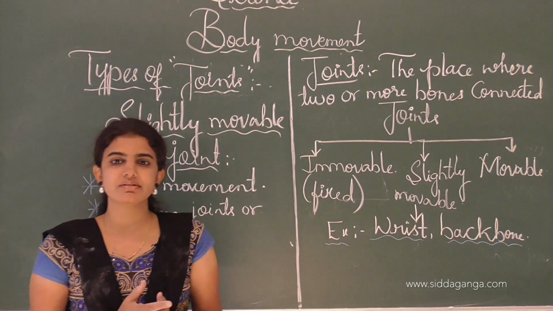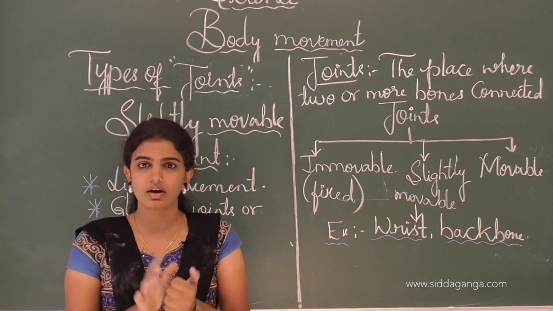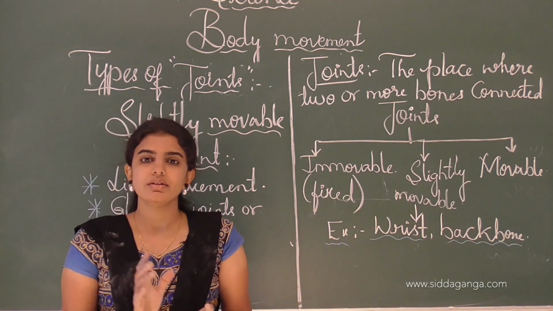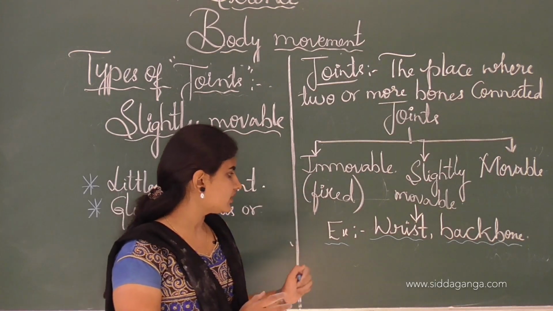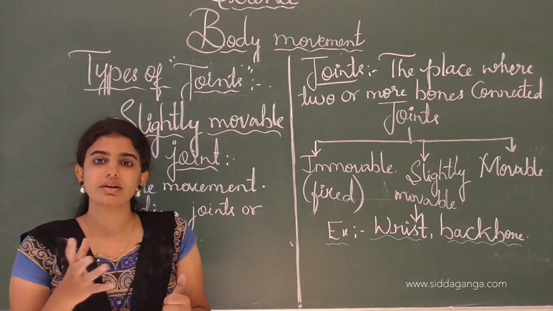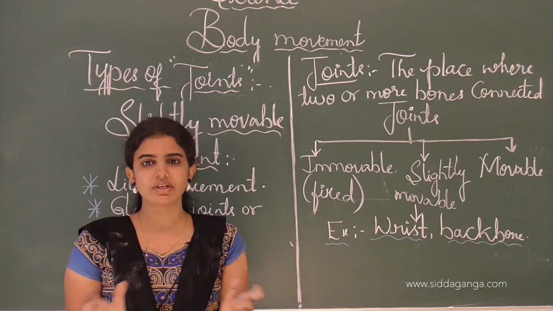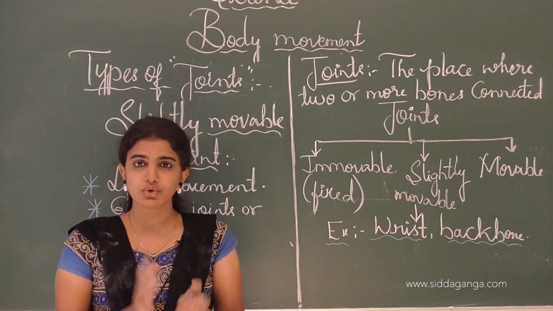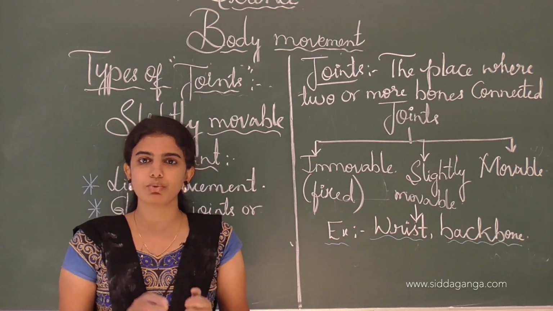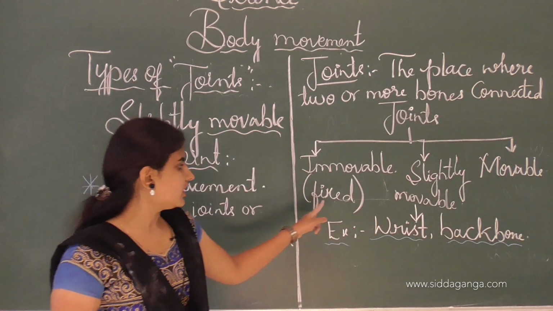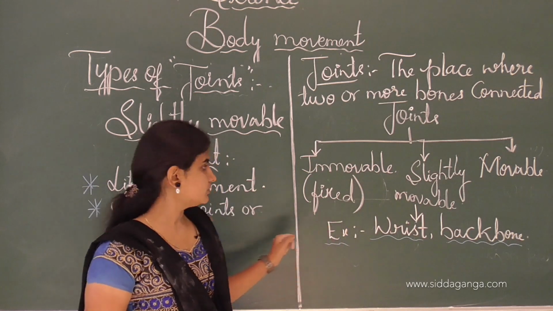Immovable, as the name indicates, is fixed in nature. It is fibrous and interlocked with each other, and does not allow any kind of movement, and that's why it is called a fixed joint.